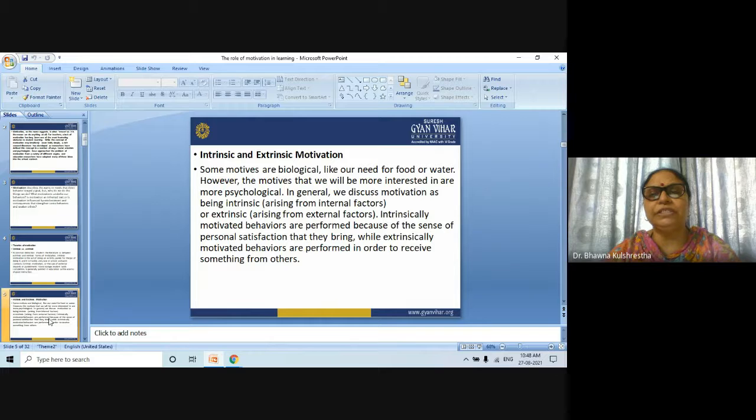We discuss motivation as being intrinsic, arising from internal factors, or extrinsic, arising from external factors. Intrinsically motivated behaviors are performed because of the sense of personal satisfaction that they bring, while extrinsically motivated behaviors are performed in order to receive something from others.